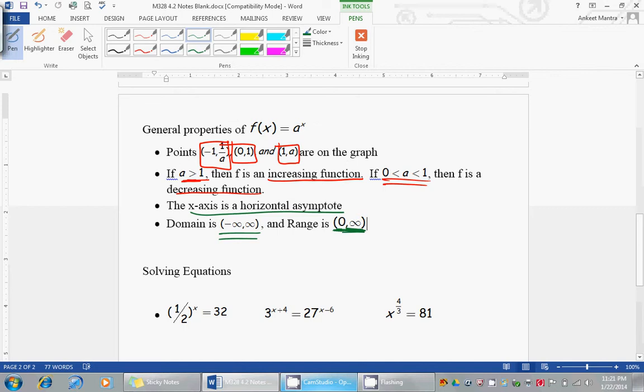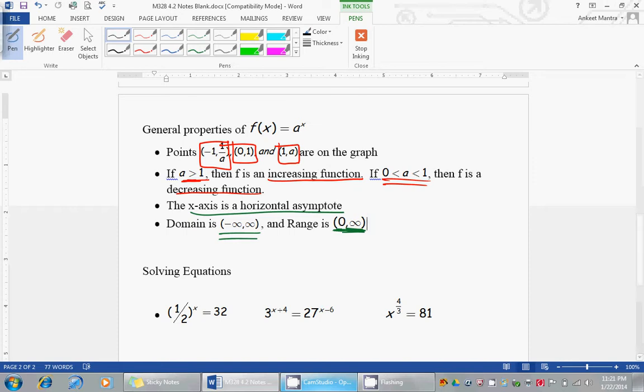So the range is parentheses 0, 0 is not included, all the way up to infinity. So we'll be doing more with graphing of these in the relative future, but here are the properties that you need to know.